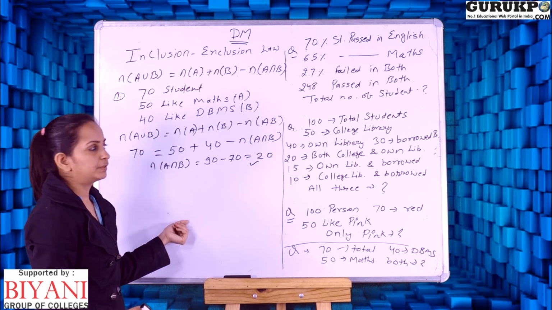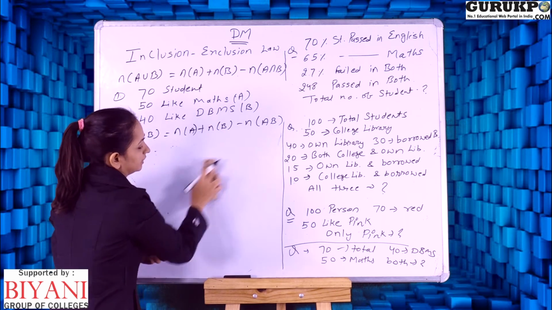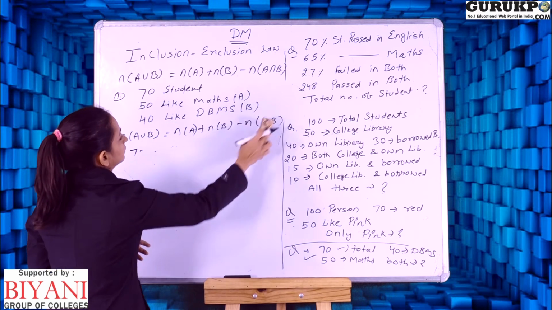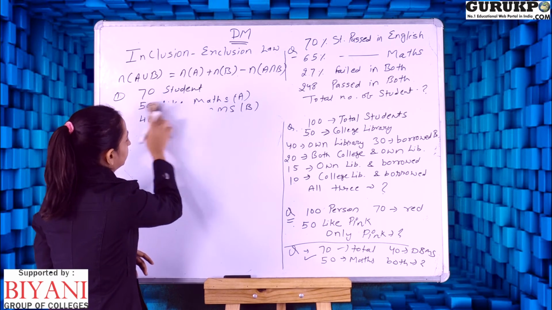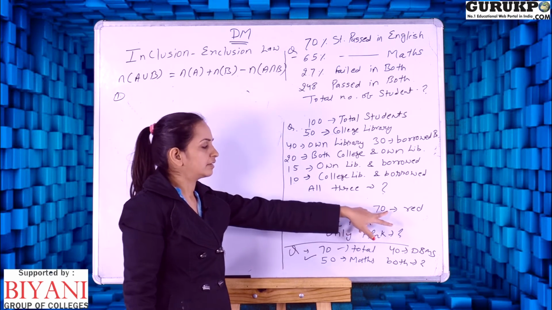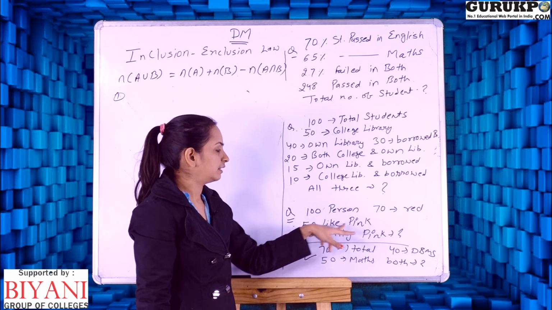Let's take some more examples to clear this concept. The next question I am taking is, there are 100 persons and we take a survey, and from the 100, 70% said that they like red color, 50% said that they like pink color.